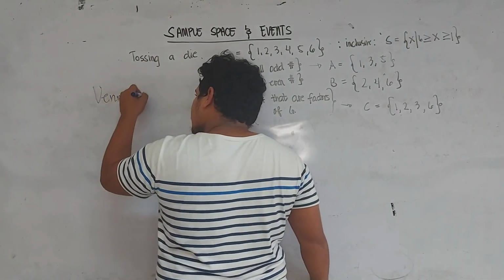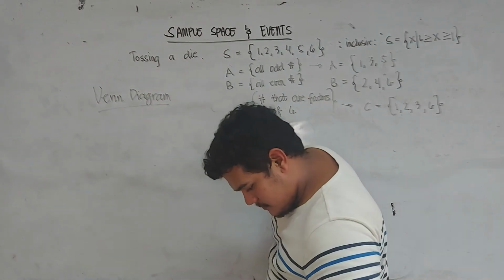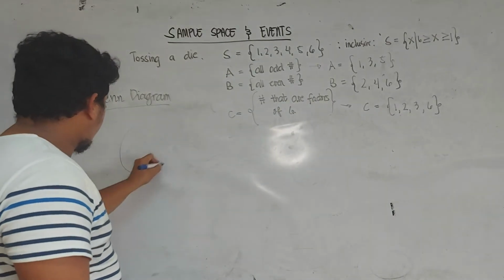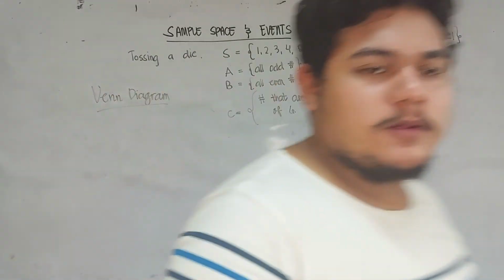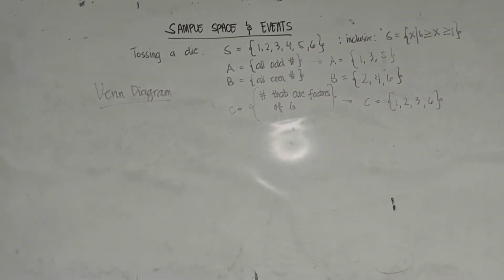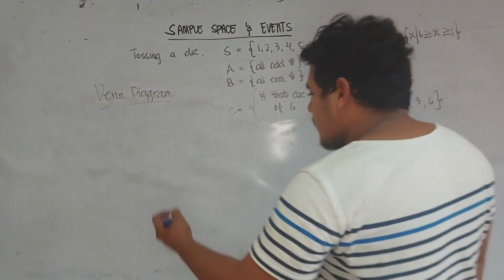Okay, Venn diagram. Example, let A. Wait sa guys ha, I will refill sa my ink. Ayan, sorry. Again, a sample space and event can be represented through the use of a Venn diagram.